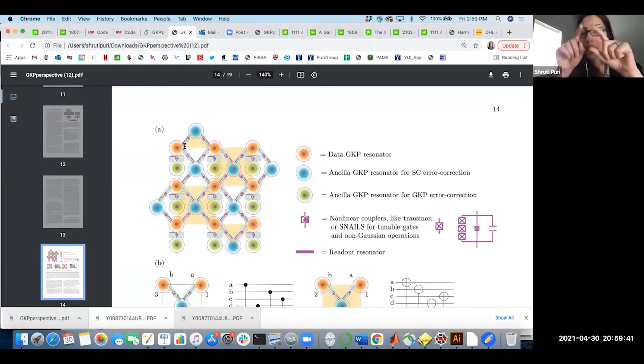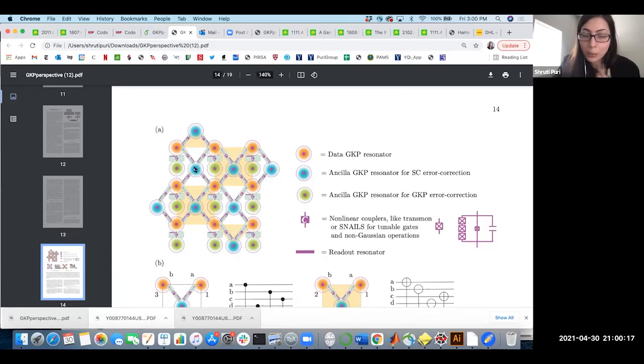In the surface code, you have data qubits on a square lattice. These orange 3D cavities are those data qubits. The blue 3D cavities are the ancilla qubits for the surface code. Remember, Austin Fowler might have told you this: you have a square lattice with data qubits, at each face you put an ancilla, and you use that ancilla to measure these four-body XX and ZZ operators to measure the stabilizers for the surface code.